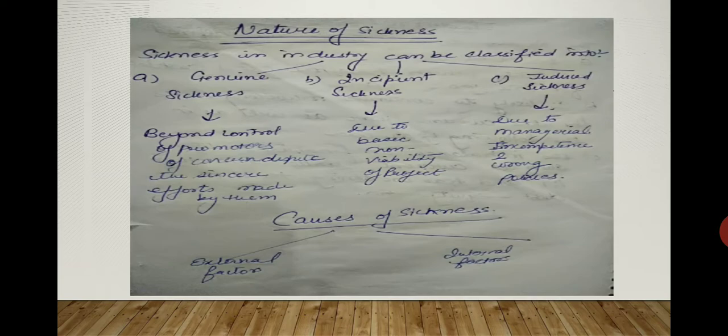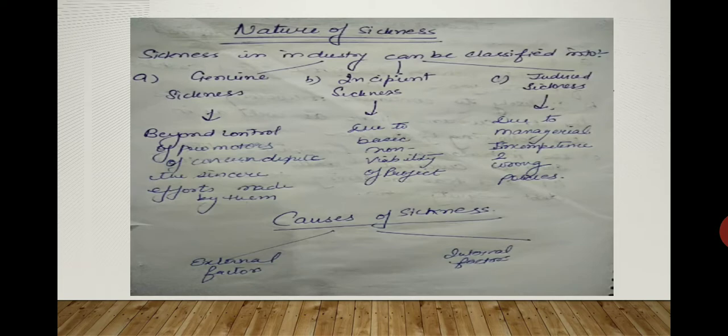The next is induced sickness, wherein certain unscrupulous promoters deliberately create a situation. This is a man-made situation, wherein because of deliberately created managerial incompetence and adoption of wrong policies, the entity becomes sick, because they want to avail certain benefits and misappropriate the funds of various stakeholders.